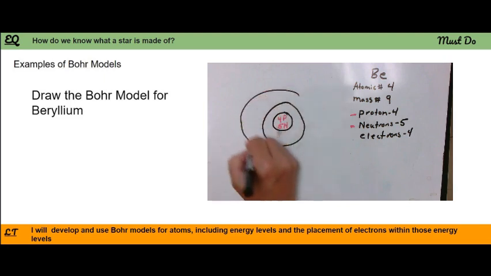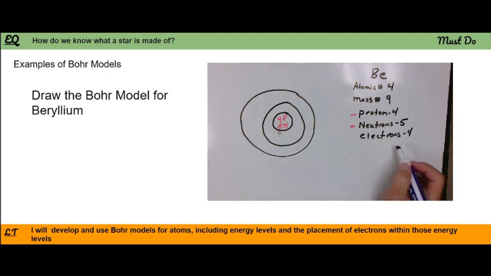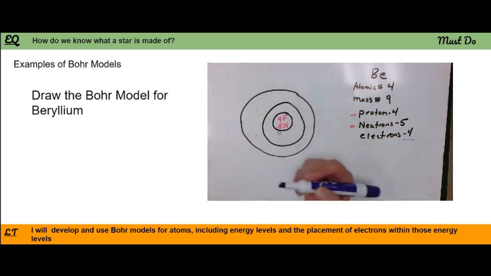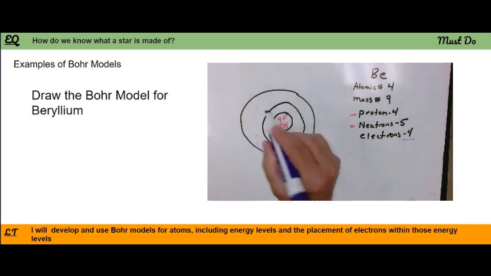As you can see, I'm not the best drawer in the world, so it doesn't matter if you can draw or not. Then I'm going to draw small circles for the electrons. There are 4 electrons, so I need to put 4 of them in my energy rings.